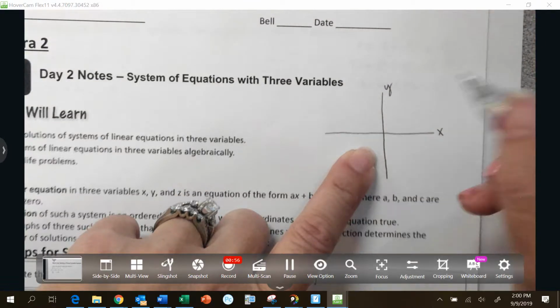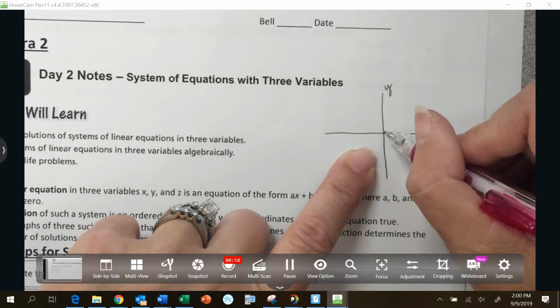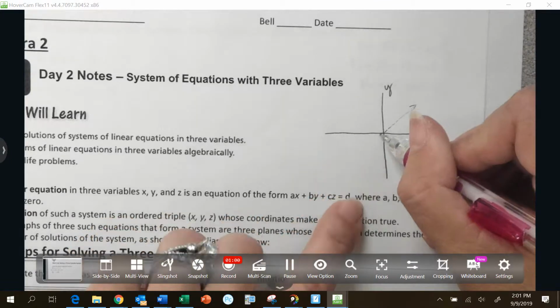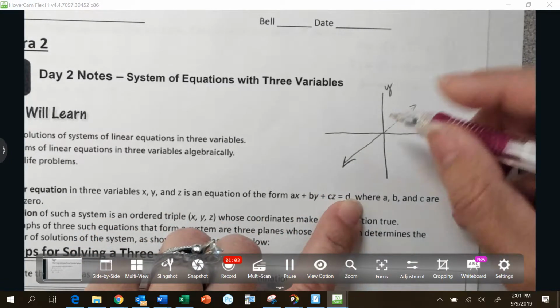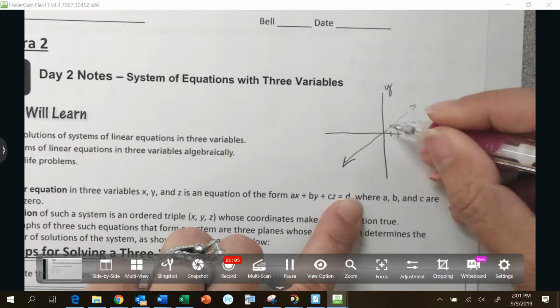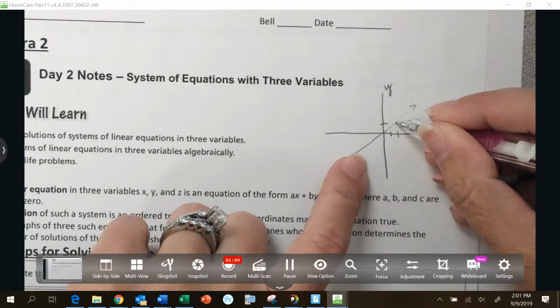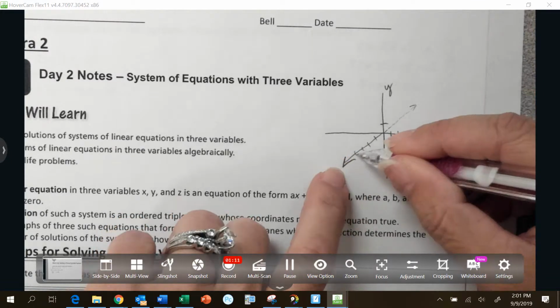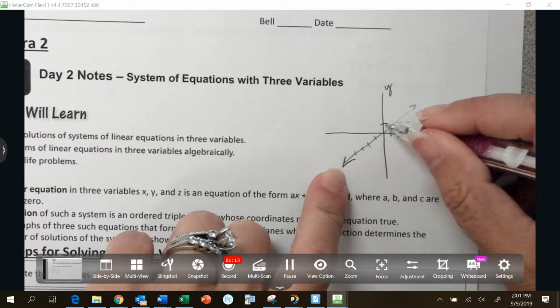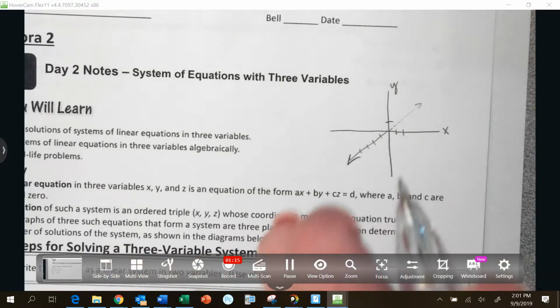There's a z-axis as well. So the z-axis is what makes this 3-dimensional. If you were going to do 2 on the x and 1 on the y, and then maybe 4 on the z, it would be out here, and I know it's hard to see.